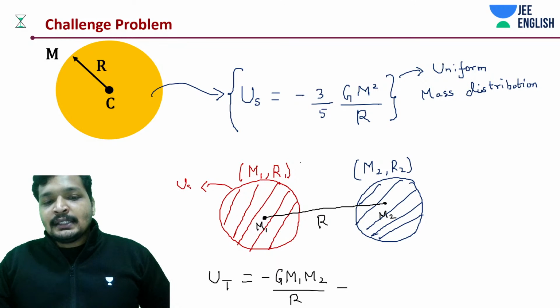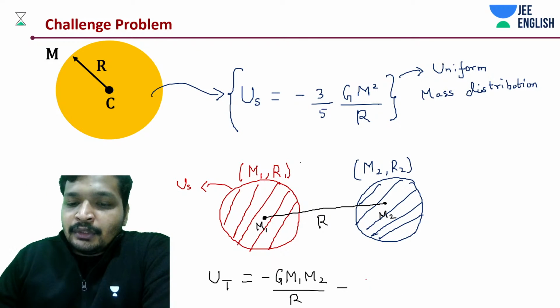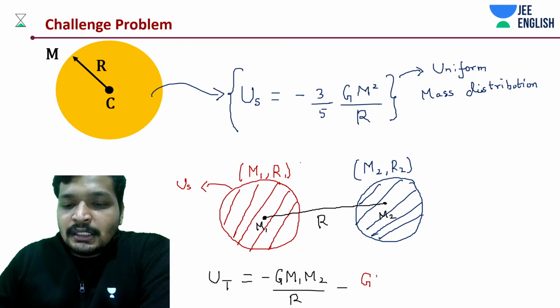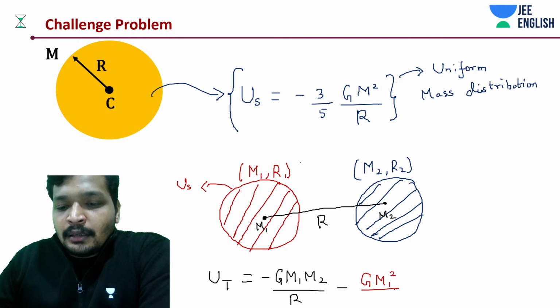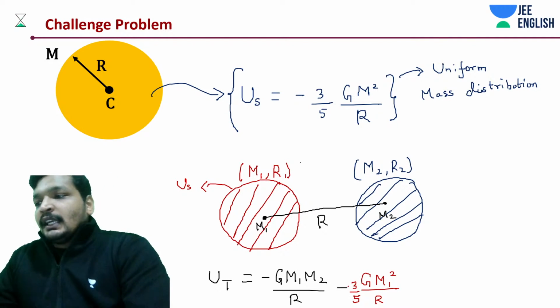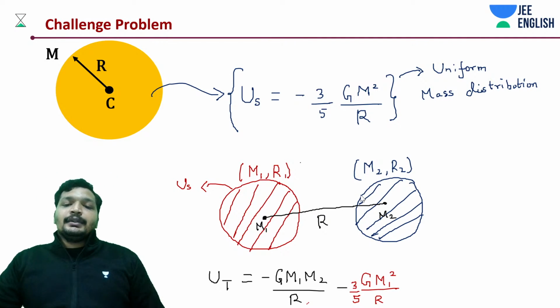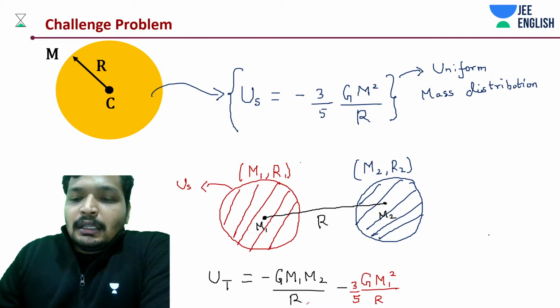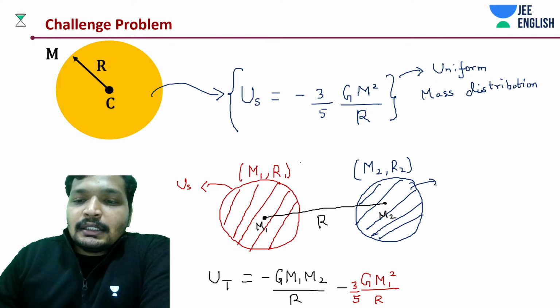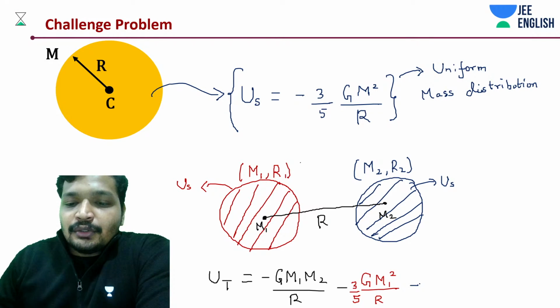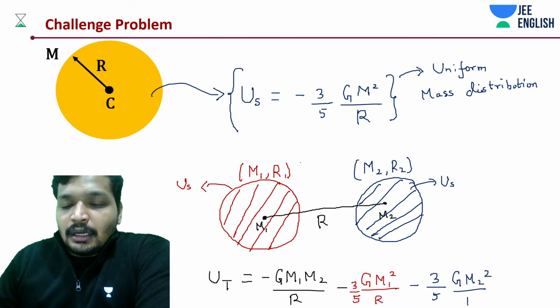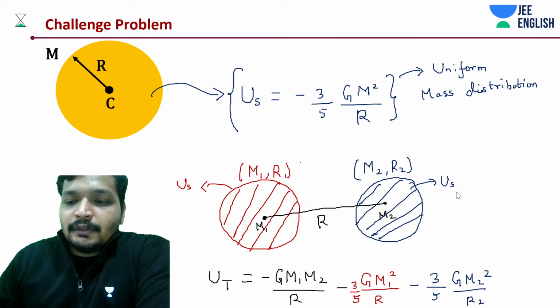There is some self energy associated with it, so we write that term as well. That is minus g m1 whole square by r1 into 3 by 5, given that it's a uniform mass distribution. Next, there is a similar term associated with the other sphere, that is minus 3 by 5 g m2 square by r2, the radius of the sphere.